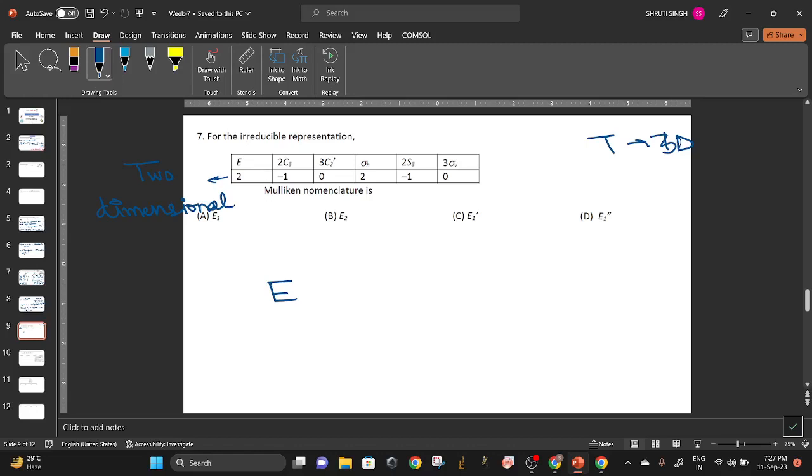E1, E2, E dash, double dash, like that. So the next thing we see here is the character under the reflection plane. If the character under sigma h is a positive number, it means it is symmetric with respect to it.